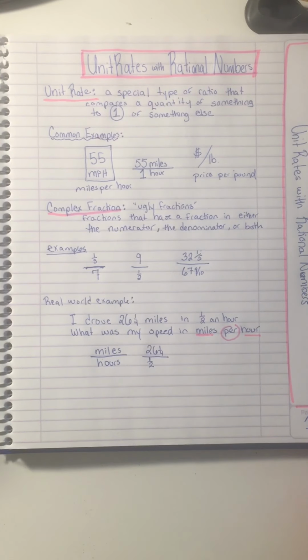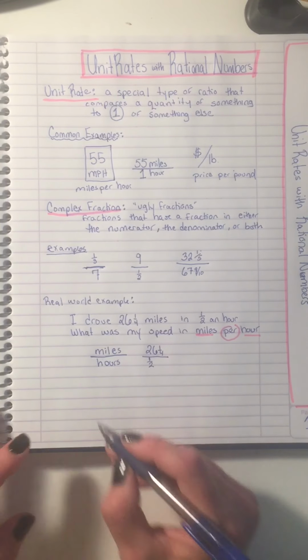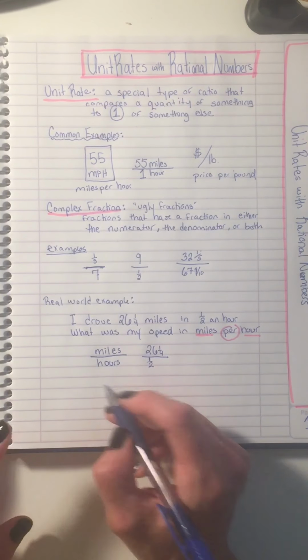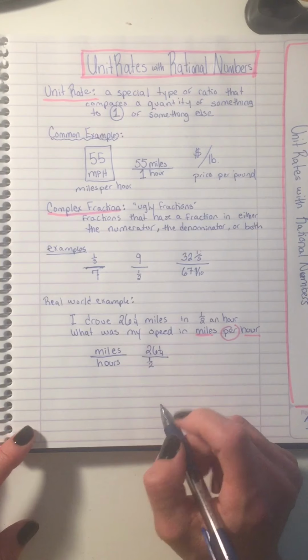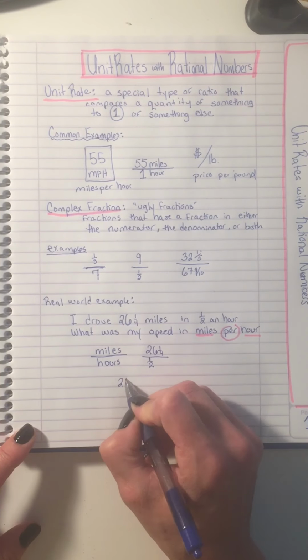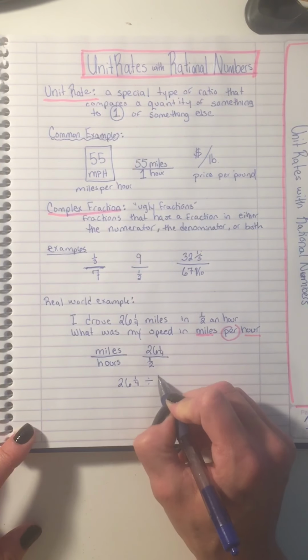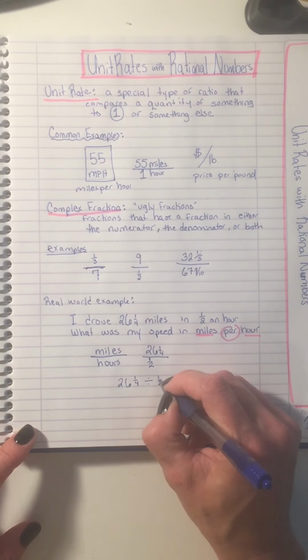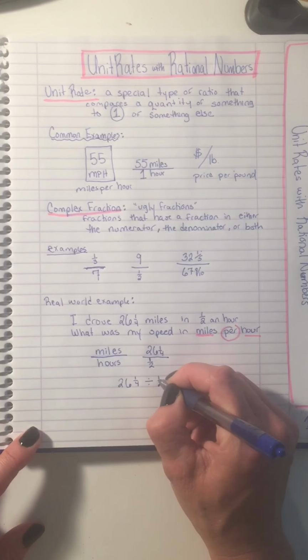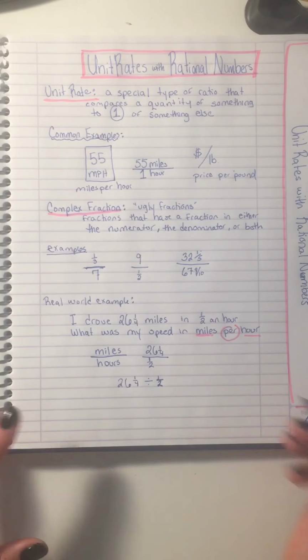But in order to find the unit rate, I can use this ratio and think of it as a division problem. So whatever's on the top is going to go first when I write it this way. 26 1/4 divided by 1/2. It's been a while since we've had to divide with fractions, but remember, we can't actually divide with fractions.